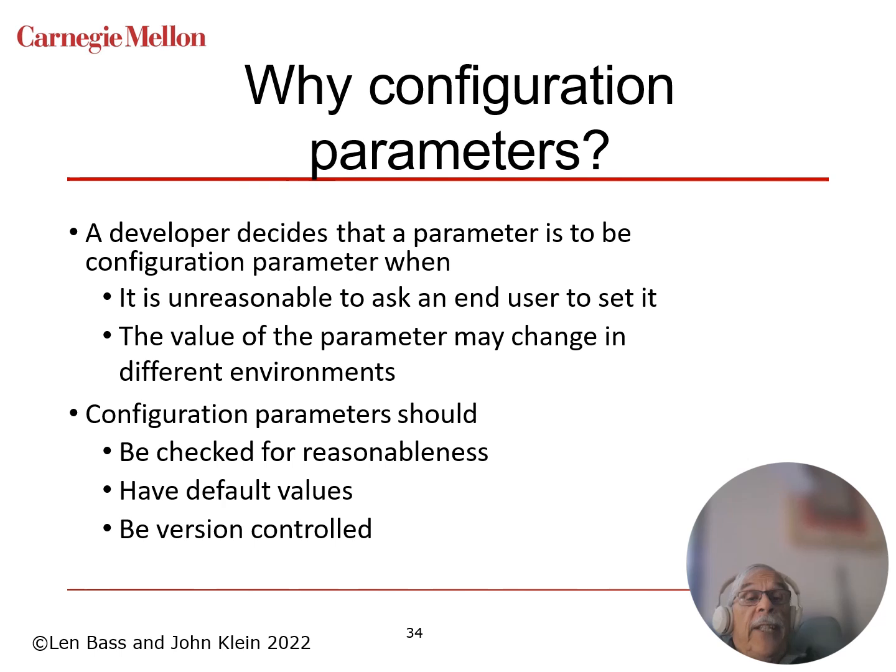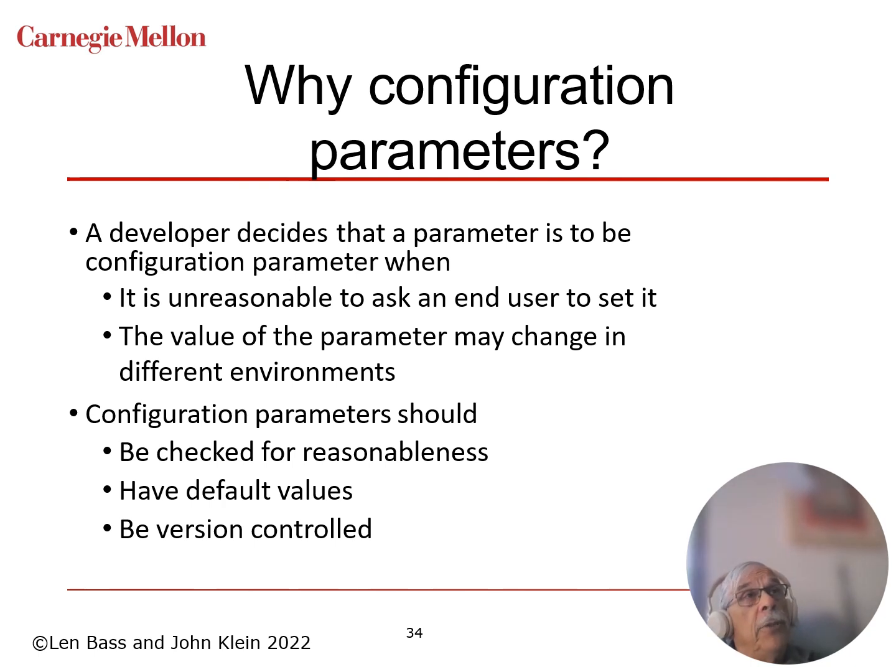So configuration parameters, again, give the developer flexibility. That's the positive way of saying it. And they should be checked, so it becomes an input into the system at initialization. So at initialization, the system reads its configuration parameters and should check them for reasonableness, should have default values in case they aren't provided.